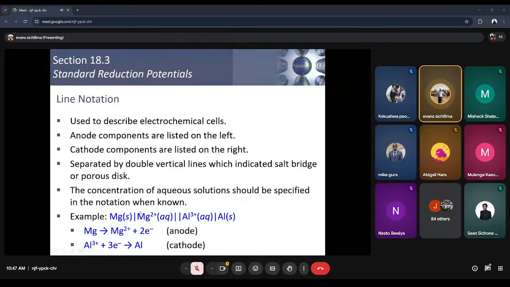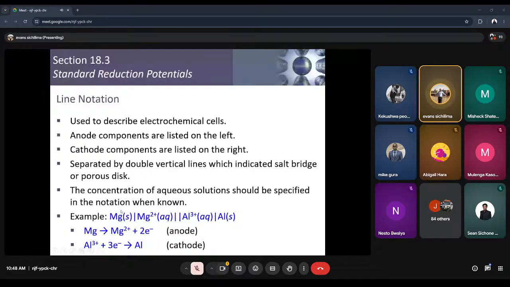Remember, it is one of the conditions that I had given, apart from the atmospheric pressure and the temperature. You also have the concentration that needs to be specified, because in the future it is going to be used to determine a lot of factors about the processes that are happening in your battery or in your cell.